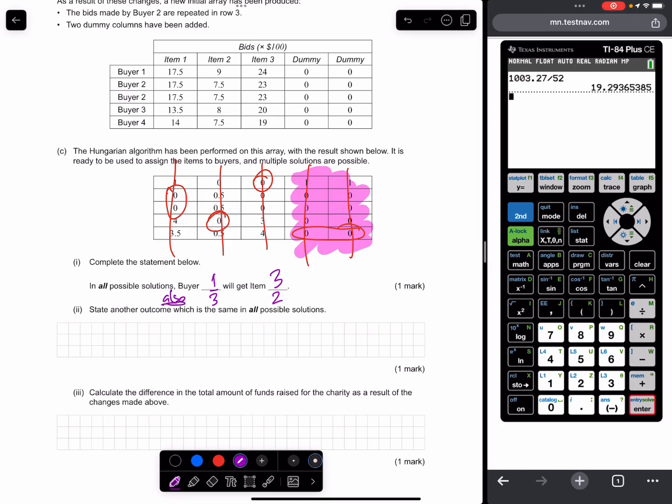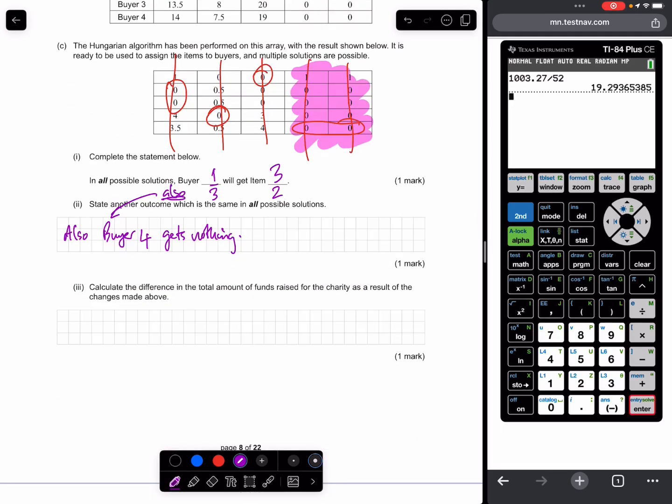Also state another outcome which is the same in all possible solutions. You could say what I just said there. Also buyer 4 gets nothing.